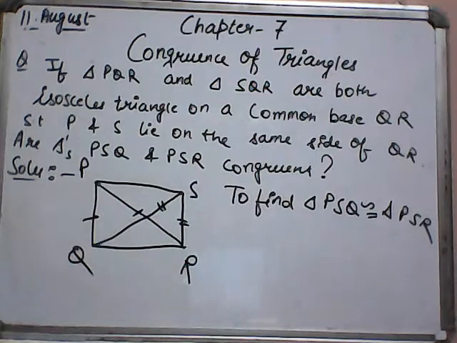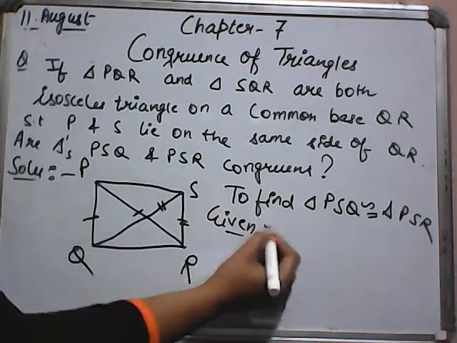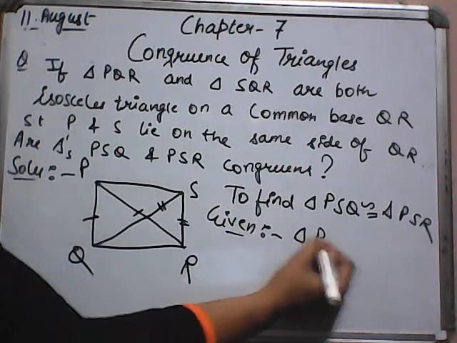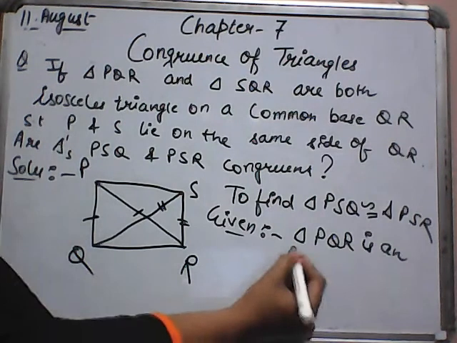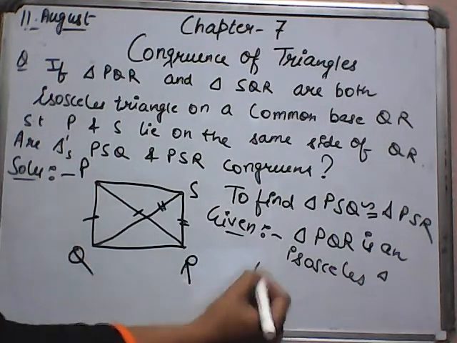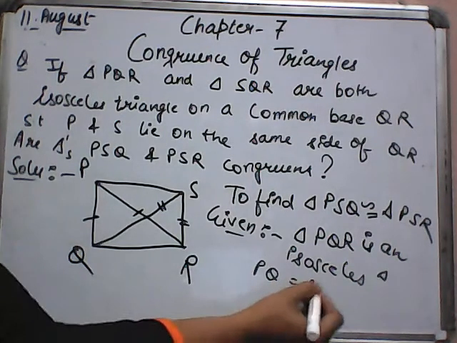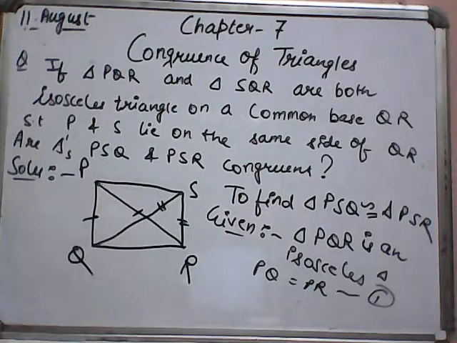Okay. Now what is given to you? Firstly, you have to write given. Triangle PQR is an isosceles triangle. Isosceles triangle means PQ is equal to PR. Let's take this as equation number 1.